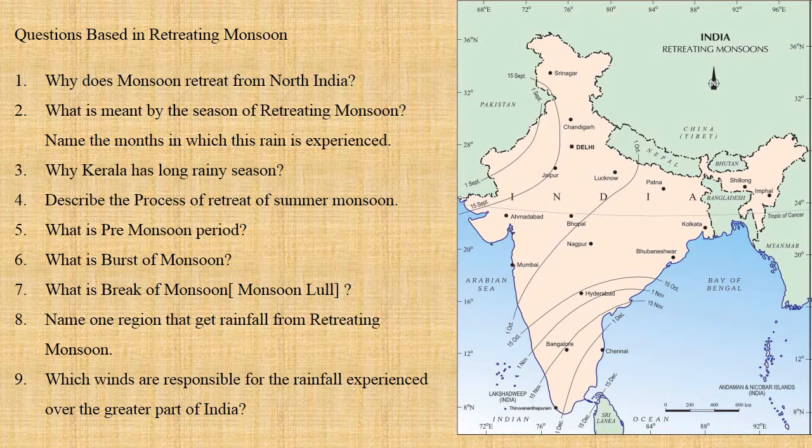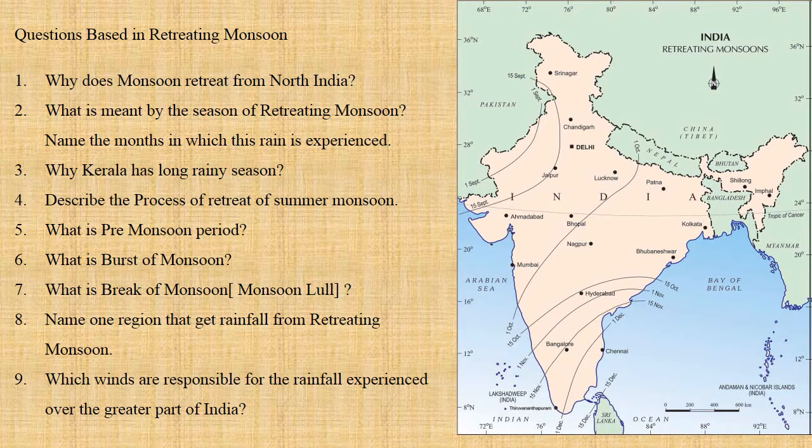Why does Kerala have a long rainy season? Because Kerala faces the southwest monsoon wind first in June and it faces the retreating monsoon last in the month of December. So from June to December, it has a very long rainy season. That is more than 6 months.